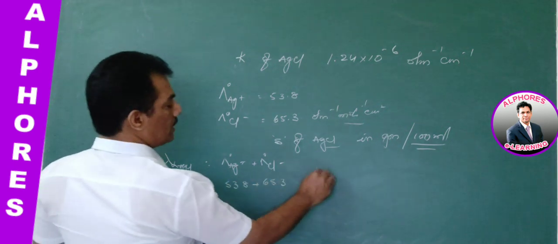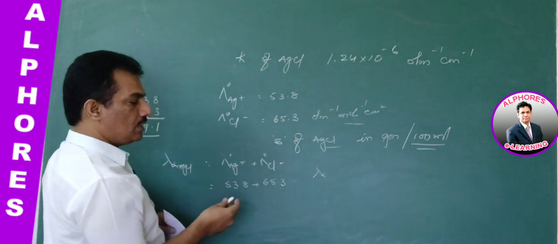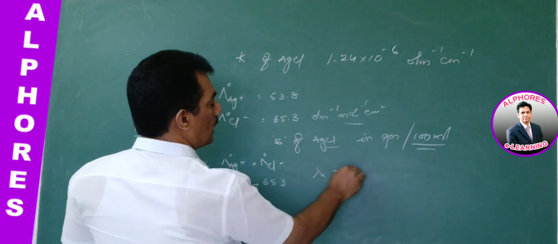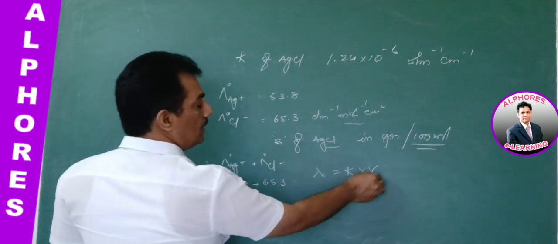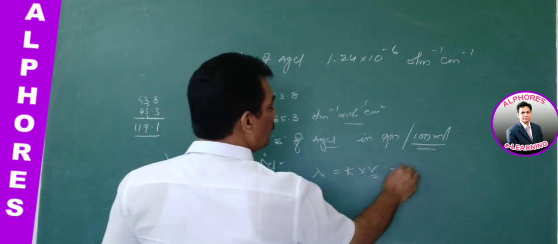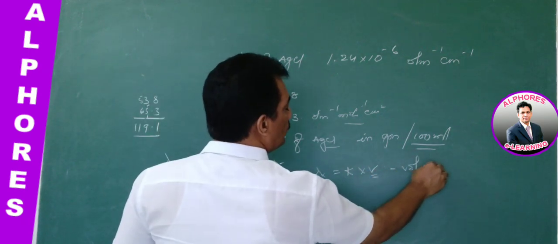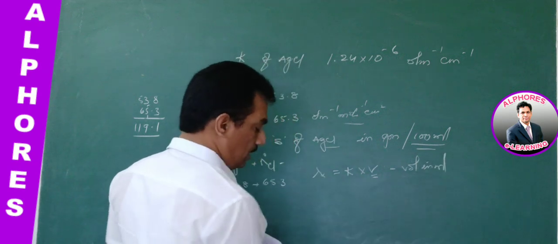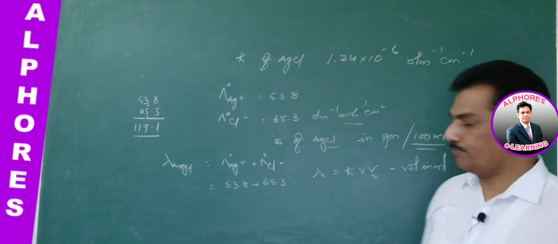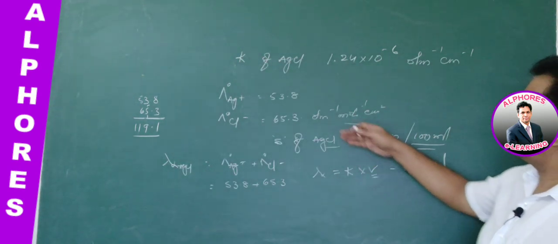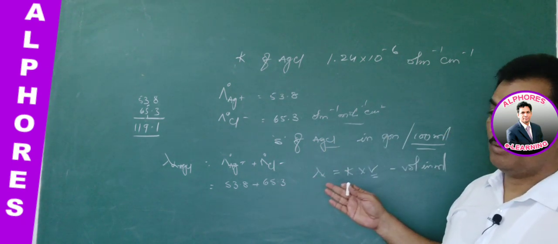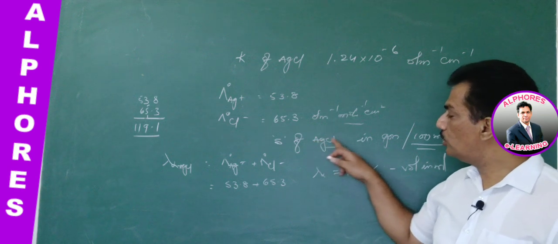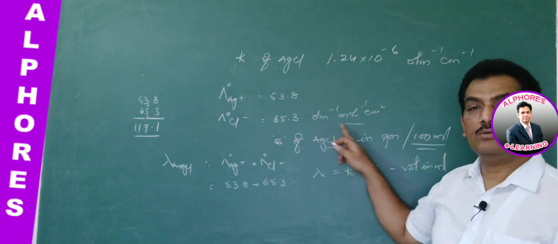Now we know lambda infinite of any electrolyte is equal to kappa into V, and here V is nothing but the volume in ml where one equivalent weight or 1 mole is dissolved. For AgCl the equivalent weight and molecular weight are the same, because both ions are monovalent, unipositive and uninegative.